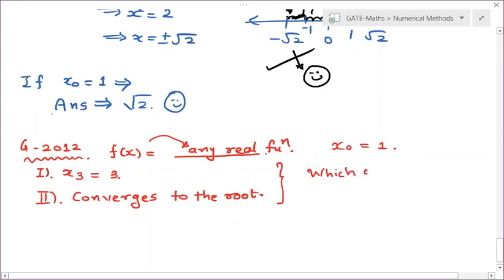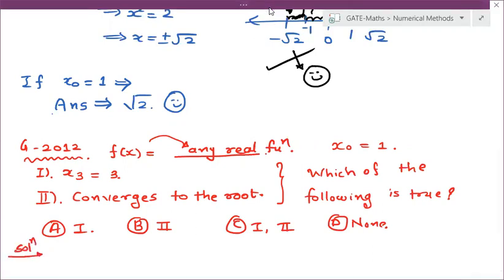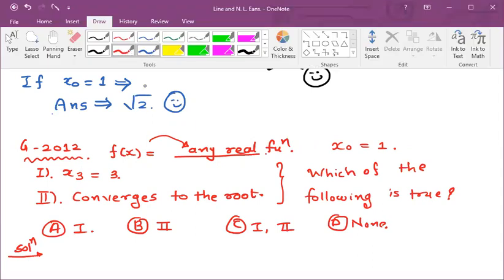The question is: option A, only statement 1; option B, only statement 2; option C, 1 and 2 both; and option D, none. So which of these statements are true?